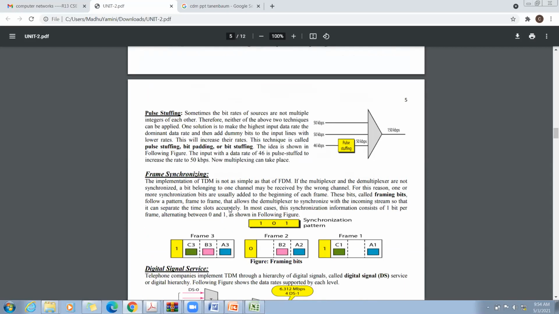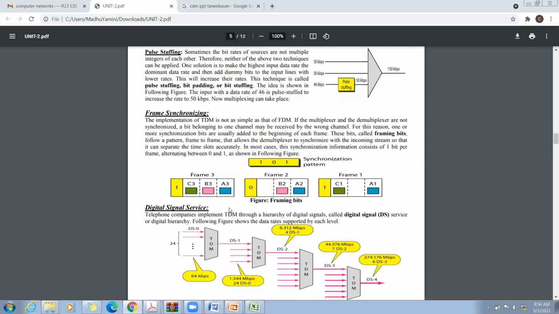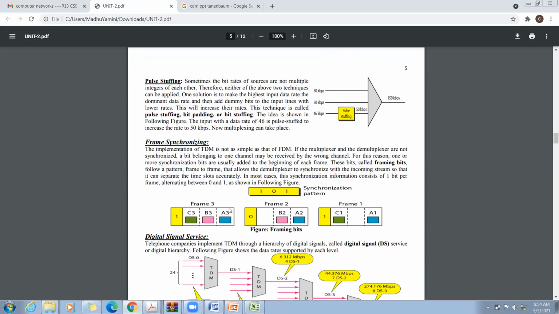Next one, pulse stuffing. This is also very simple. Here we need to add some stuff. We have three inputs of 50 kbps, 50 kbps, and 46 kbps. 50, 50, and 46.